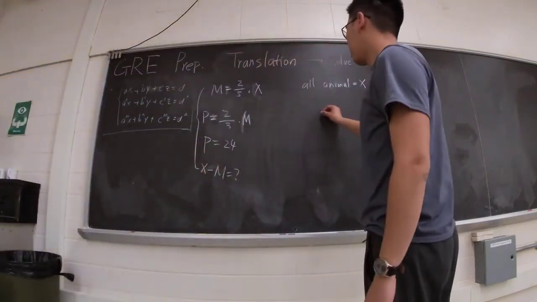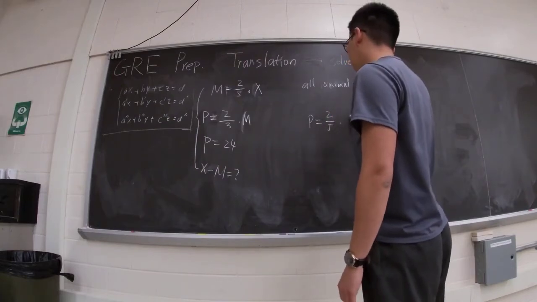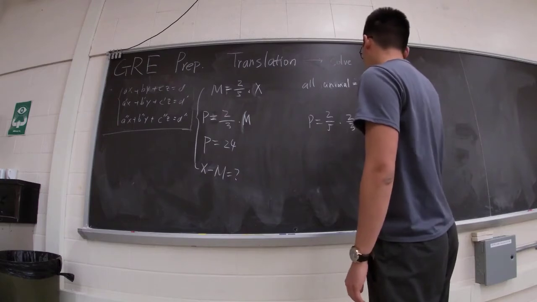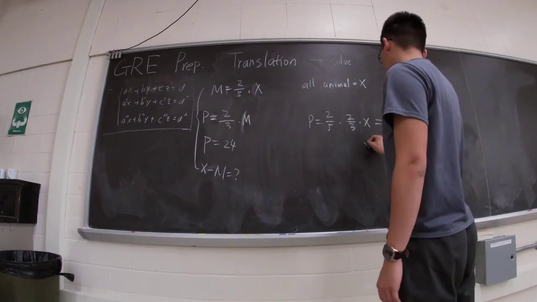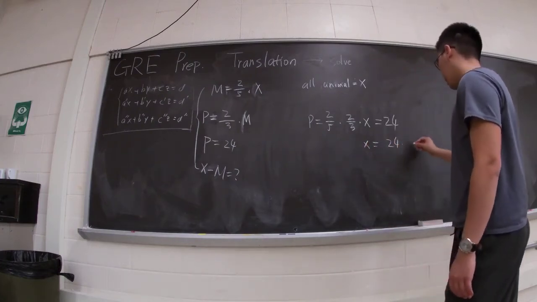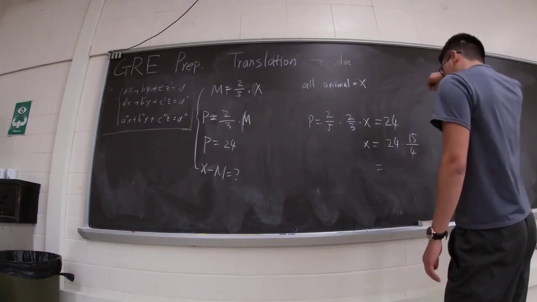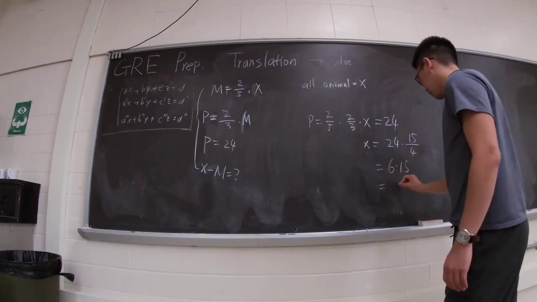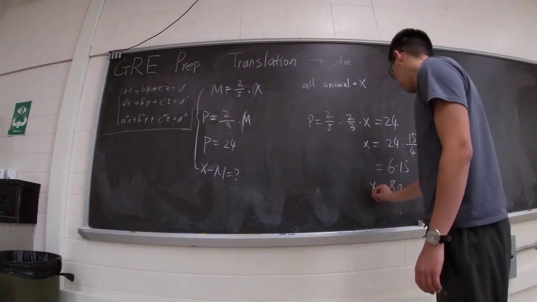For instance, I would just write down the public is 2/5 multiplied by 2/3 multiplied by X equals 24. And from this, we know X equals 24 multiplied by 15 divided by 4, which is, I don't have a calculator, but I think I could do it, 80. So X equals 80.